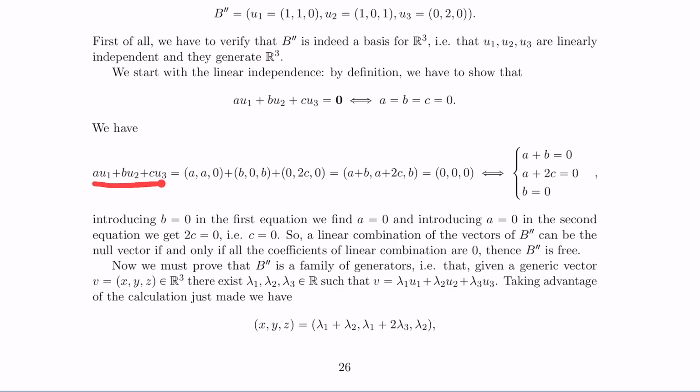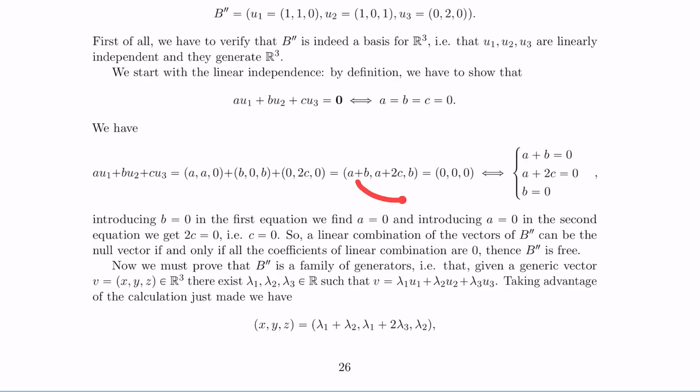If you write this linear combination and you perform the operation indicated here, you end up with this vector here. Then we have to impose that this vector is the null vector, whose components are of course 0, 0, 0, and we have to transform this vector equation into a system of linear equations.